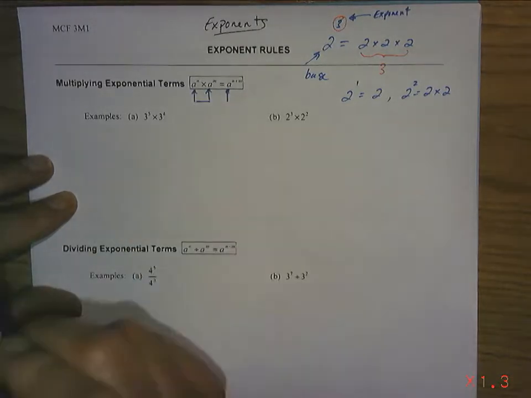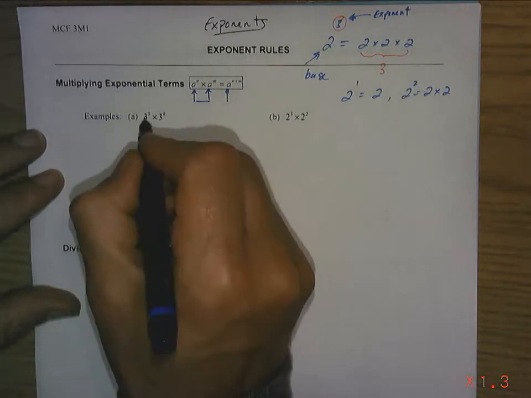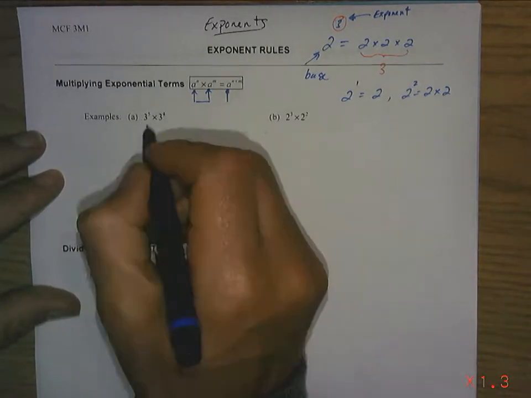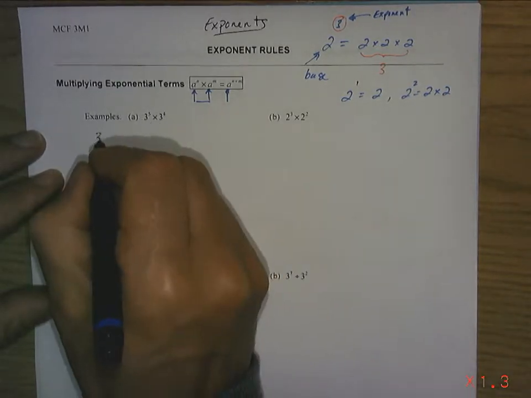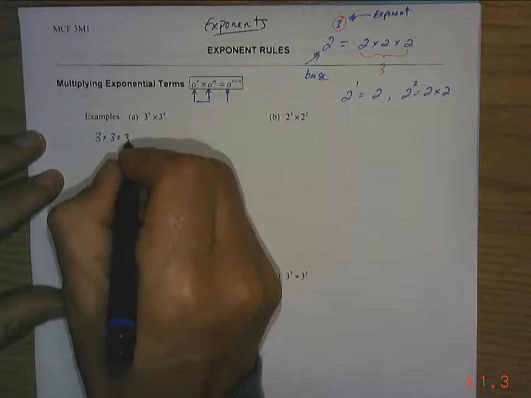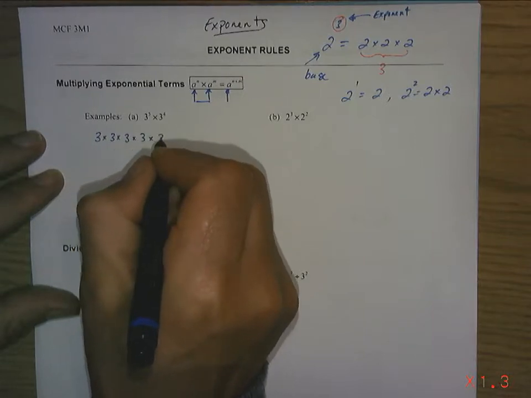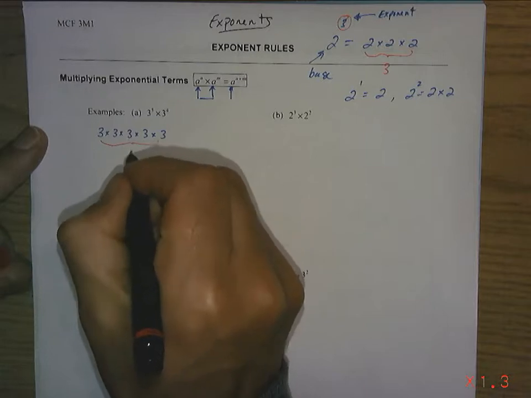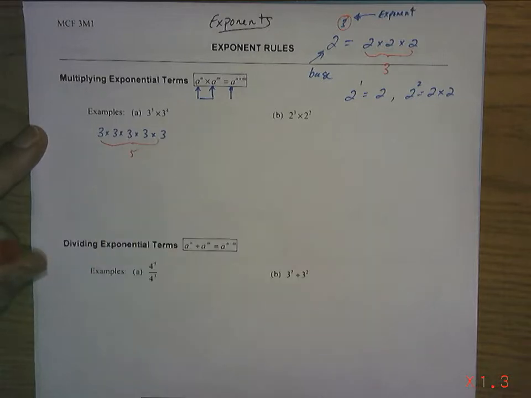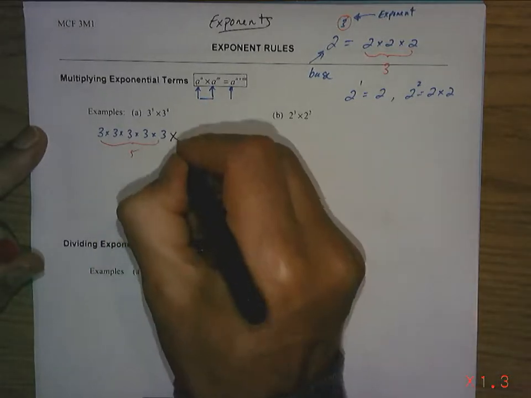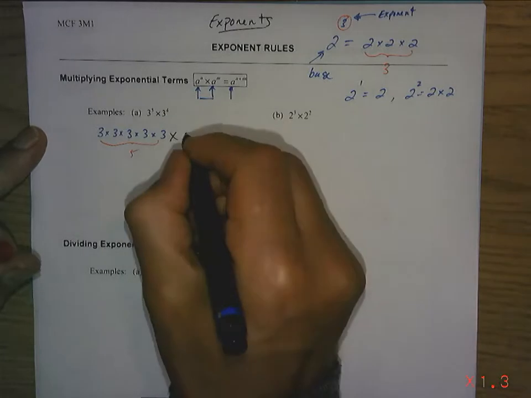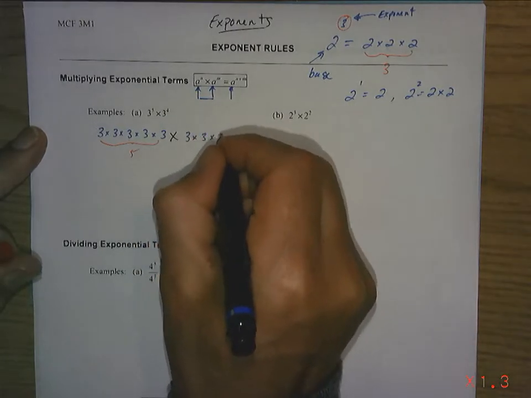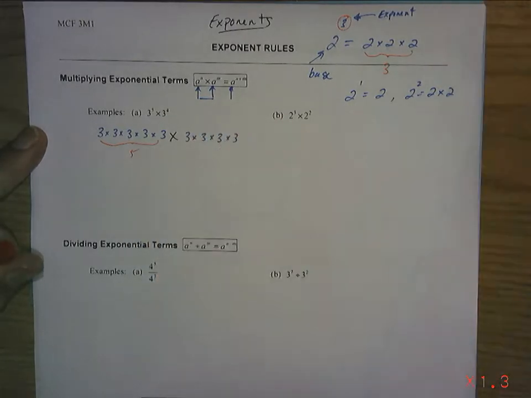And this is multiplying. So what that means is this is 3 to the 5 times 3 to the 4. So ultimately, 3 to the 5 is 5 3's being multiplied together. Then we have that multiplication in between them. And then we have 3 to the 4, which is 4 3's being multiplied together.